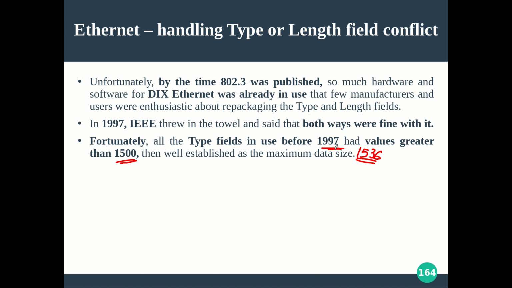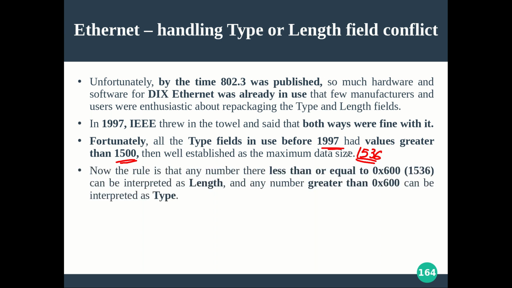length field. But what about the type field? So far, whatever type fields were used were values greater than this 1536. So the same field you can make use of for storing both. So now the conclusion is that the 2 byte field can represent both type and length, as you decide.